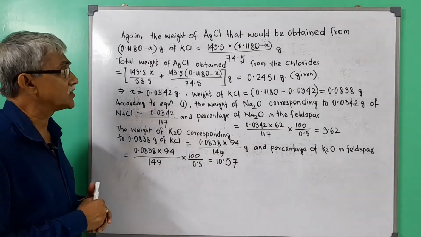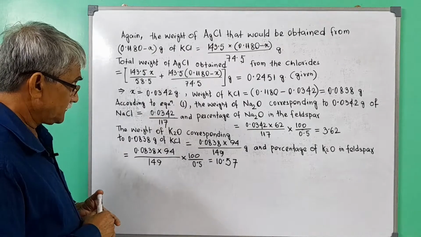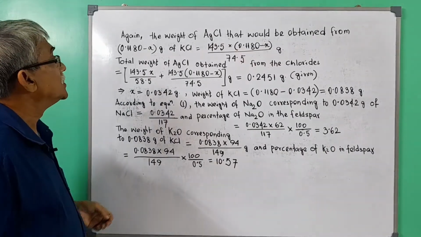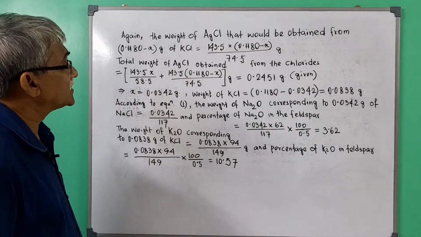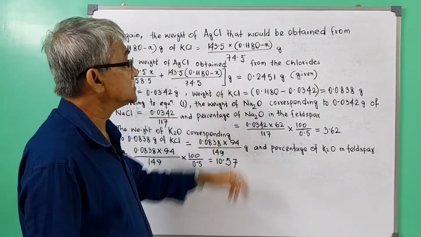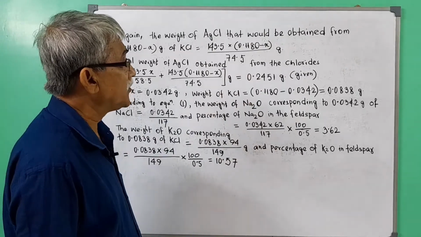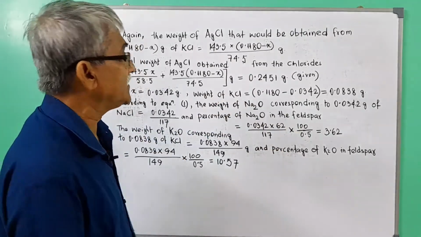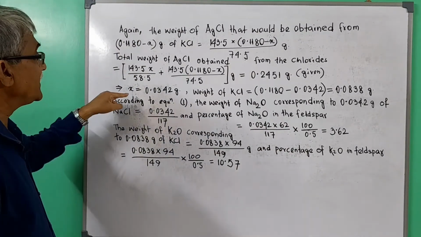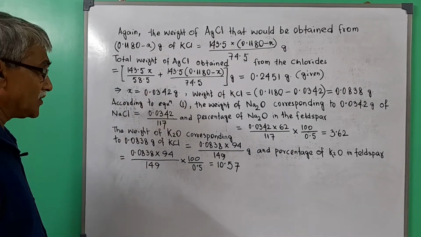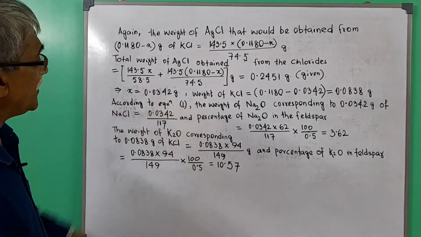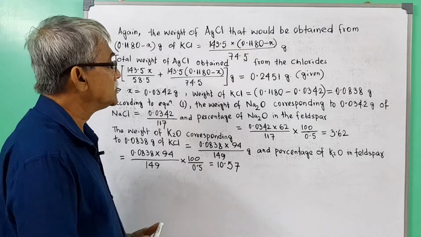Total weight of silver chloride obtained from the chlorides, the previous one and this one, happens to be 0.2451 gram. It is given in the question. So solving both sides, you get x equal to 0.0342 gram.